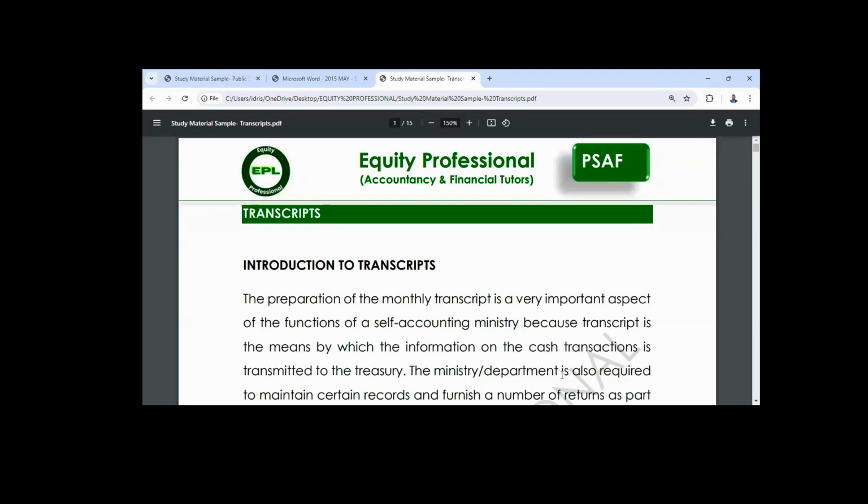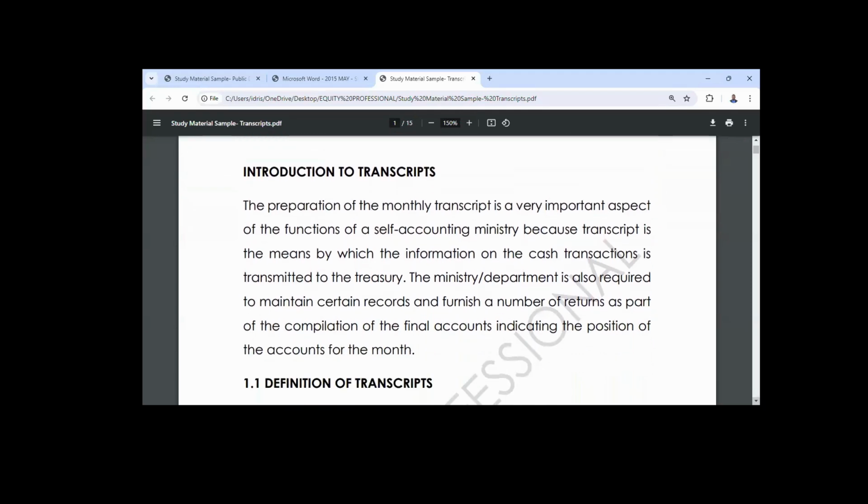What is a transcript? A transcript, first and foremost, is like a cash book prepared by government ministries, departments and agencies on a monthly basis. Every unit of government agency maintains a transcript and prepares it monthly.